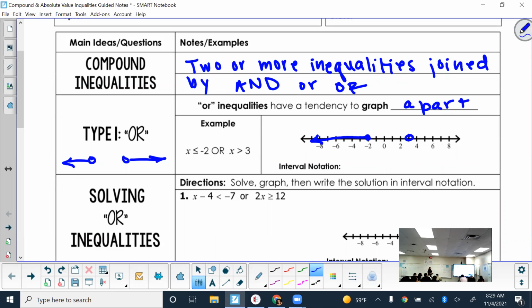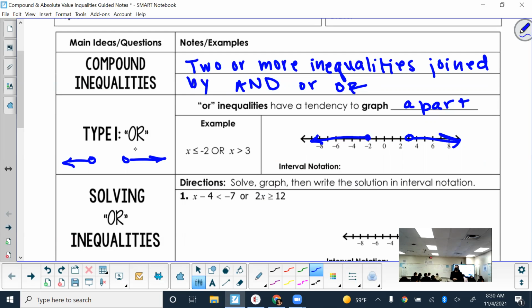So put the arrow in that direction. Questions about that? And does it look like what we said it would look like? Yes, so that's a good indication that you did it right. If it's an "or" statement, 99% of the time, they go in opposite directions, like this. Questions?